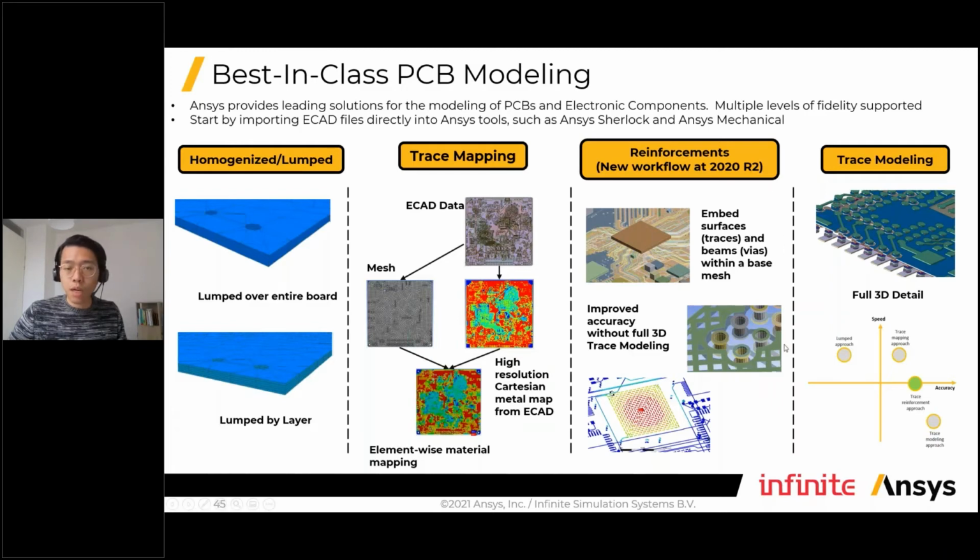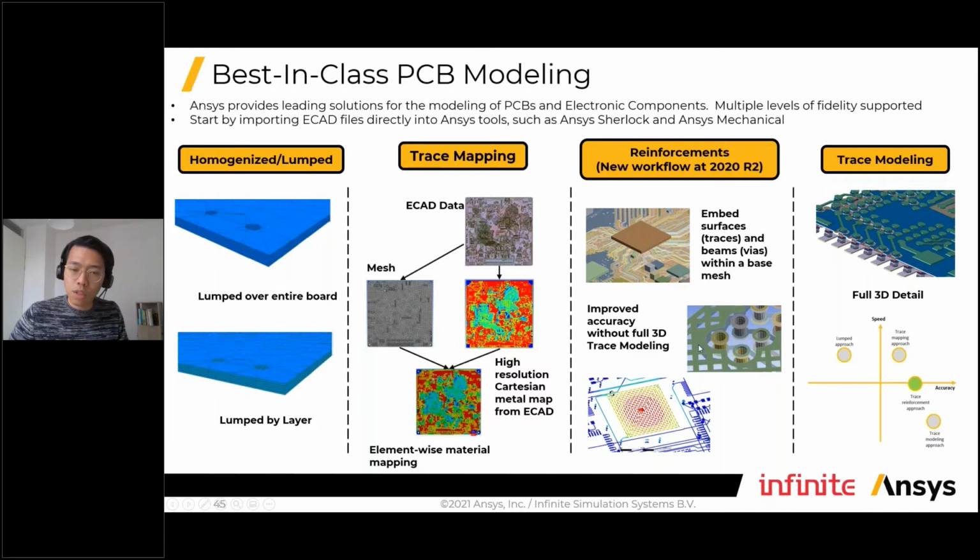So that's why, since 2020 R2, or since last year, Ansys has incorporated this new innovation that is now able to really bring in the traces. But we don't bring in the traces as real solid elements, because then we would really enter the final stage, which is called trace modeling. What we do is use them as reinforced elements.